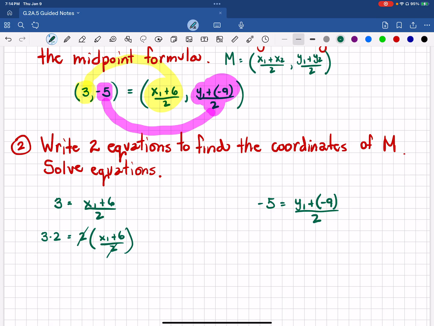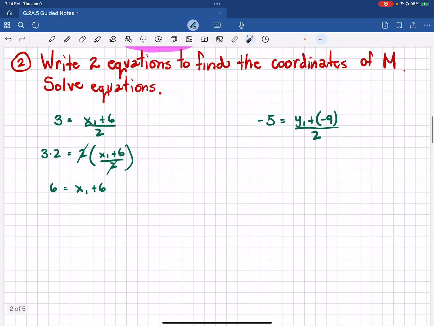The 2's cross out on the right-hand side, and I get 6 is equal to x1 plus 6. I want to get x1 by itself, so I need to get rid of the positive 6. The opposite of adding 6 is subtracting 6, so I am going to subtract 6 from both sides.